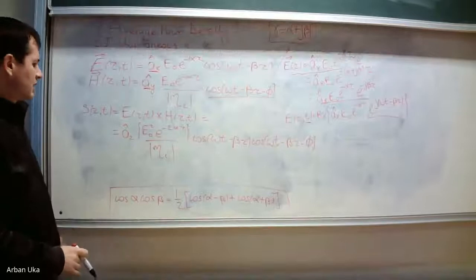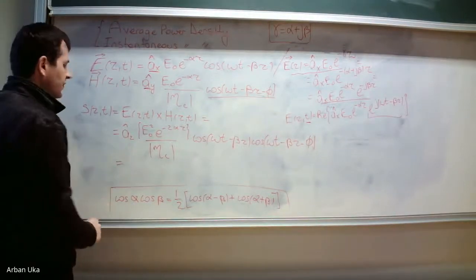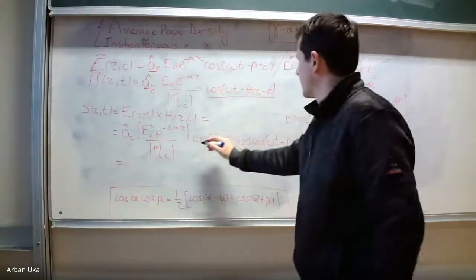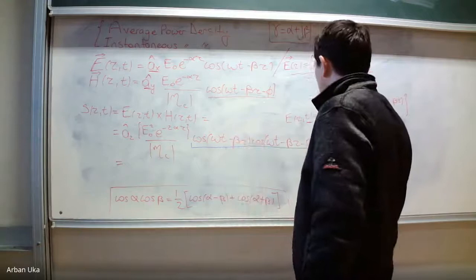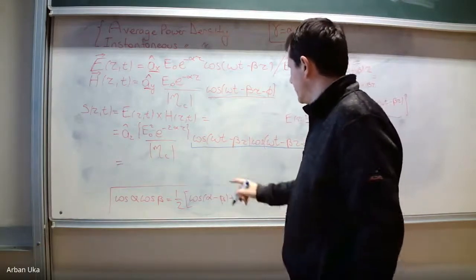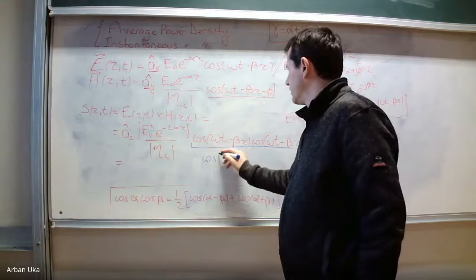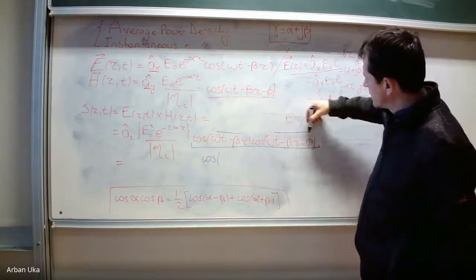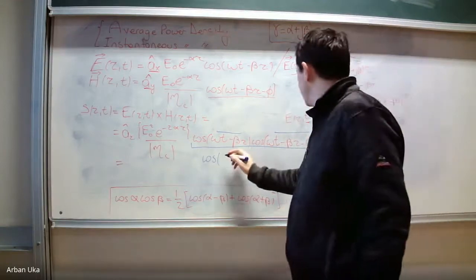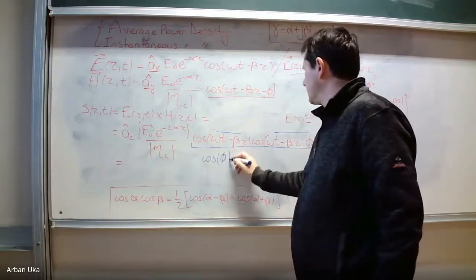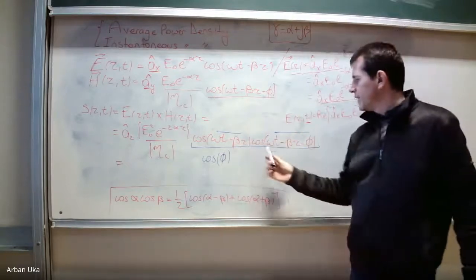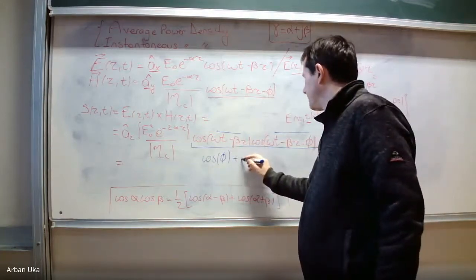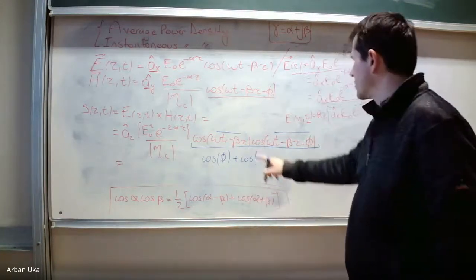With this property, this whole term can be written with a term 1/2, and here we have cosine(alpha - beta), so we get cosine phi, because omega t and omega t cancel each other, plus the cosine of the addition of these two terms.